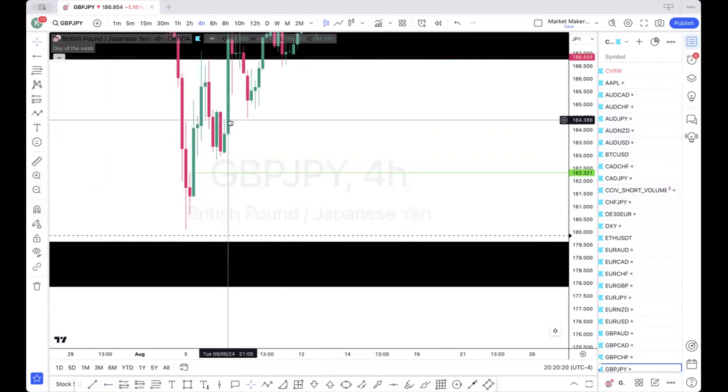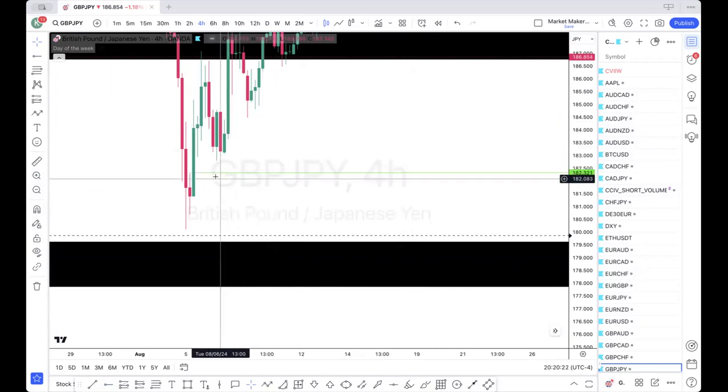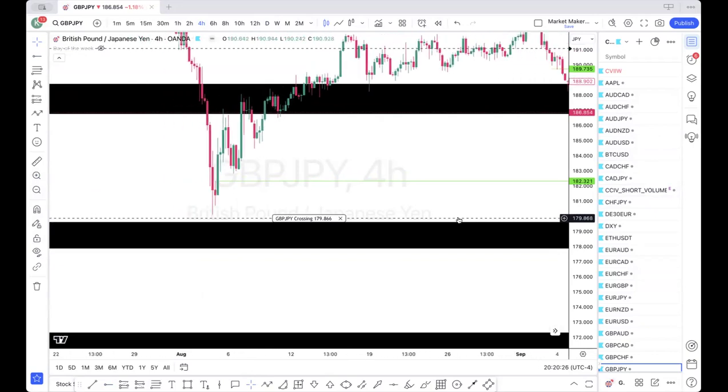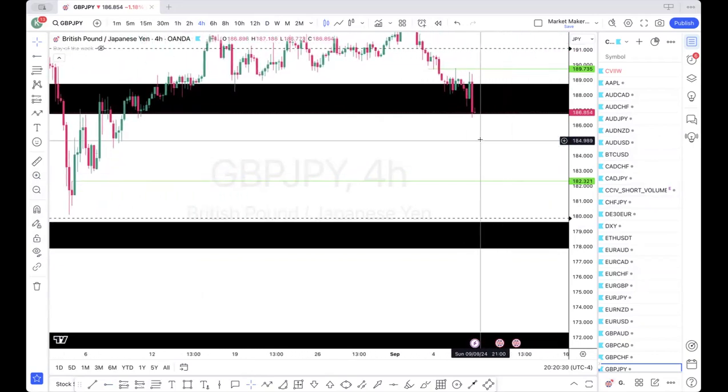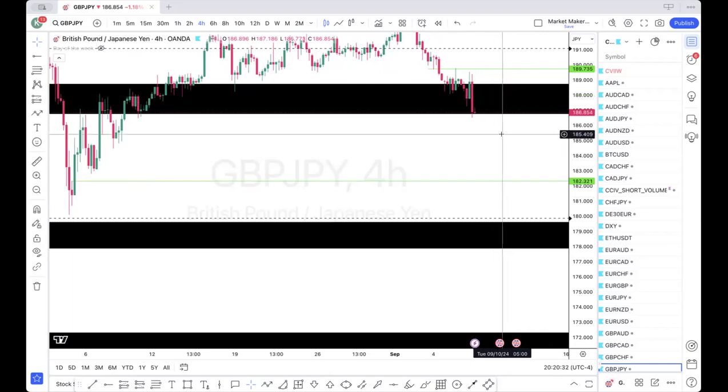There is a slight imbalance in here, but I would be expecting price to at least come down to this order block. Based on the 4-hour here, price could just pull back and then sell down to this order block. Now, we can do 1 or 2 things for the week.